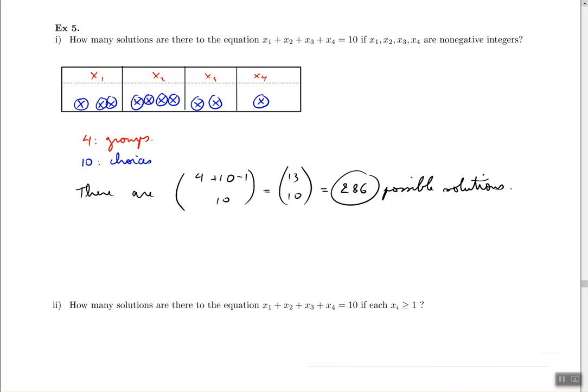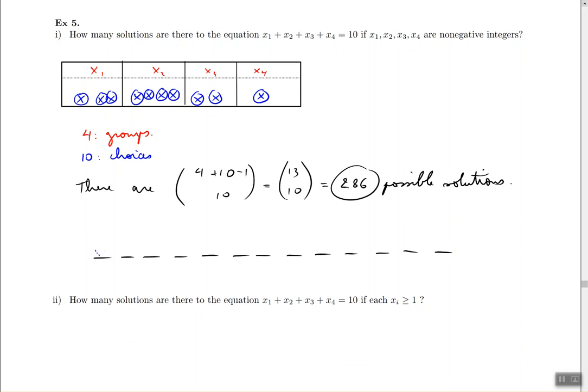This is equivalent to saying the following. I have 1, 2, 3, 4, 5, 6, 7, 8, 9, 10, 11, 12, and 13, and I'm going to put some slashes somewhere and some x's somewhere. So if I put my x's in the first 3 spots, then x's right here, then 2 of them right there, then 1 of them at the end, there are going to be some slashes in the middle where I left the blanks.